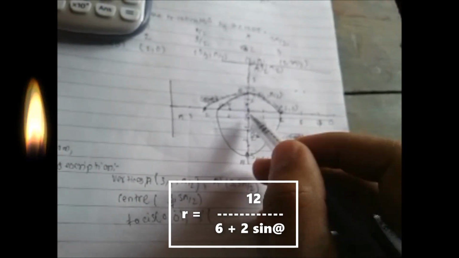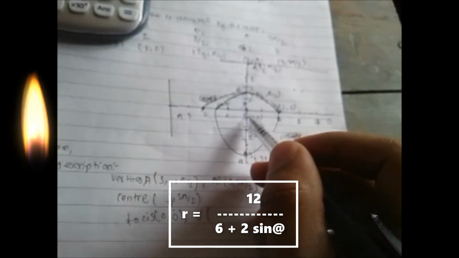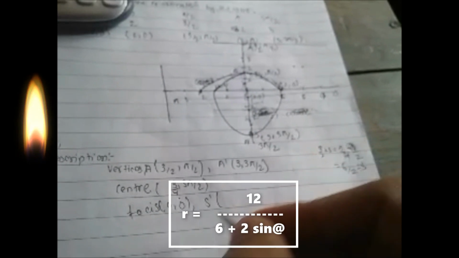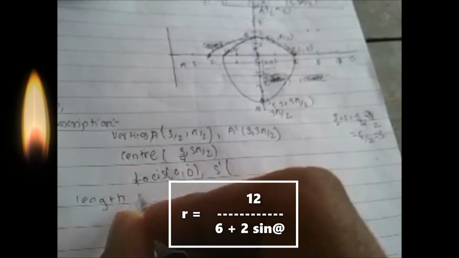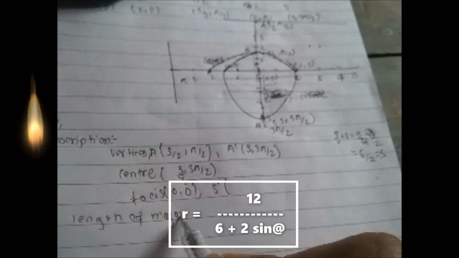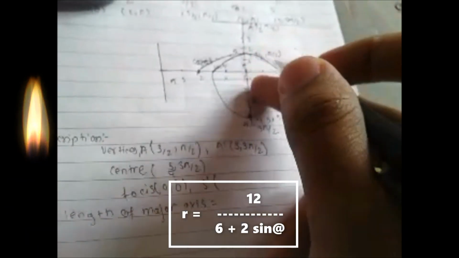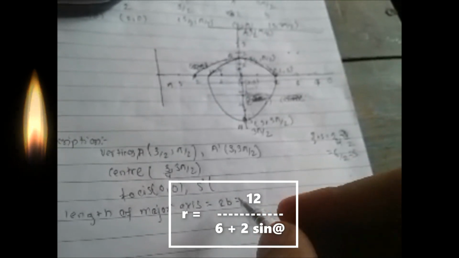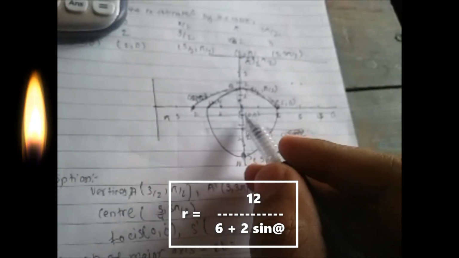Then what is this distance? We have to find this distance first. To find it, we have the length of the minor axis. This is our minor axis, 2b. What is the total length from here to here?